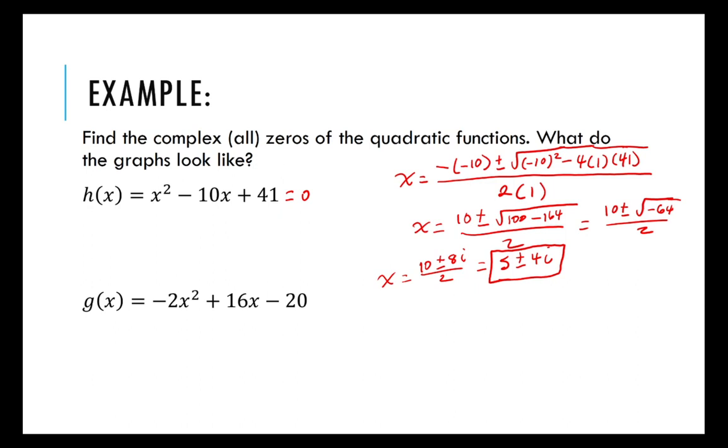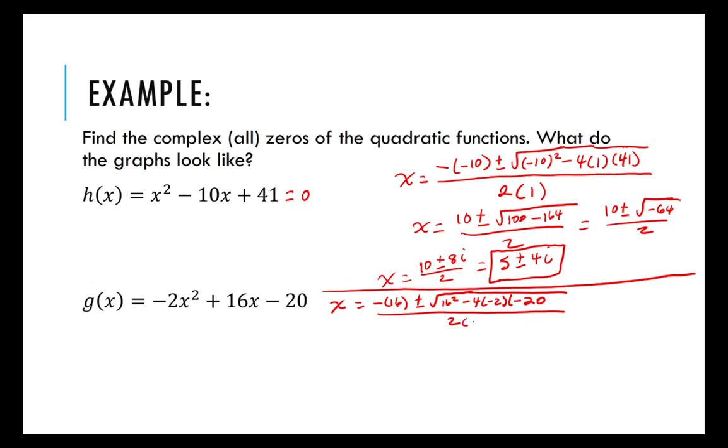Then if I've got -2x squared plus 16x minus 20, let's use the quadratic formula again. That is, x is equal to -b plus or minus the square root of b squared minus 4 times a times c, all over 2 times a.